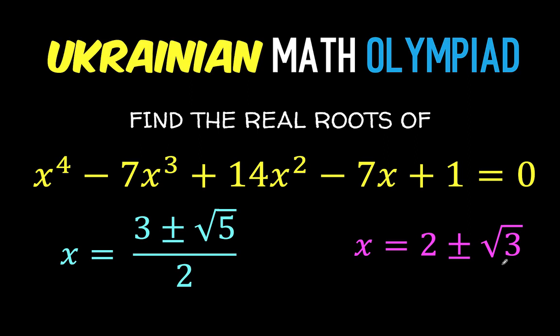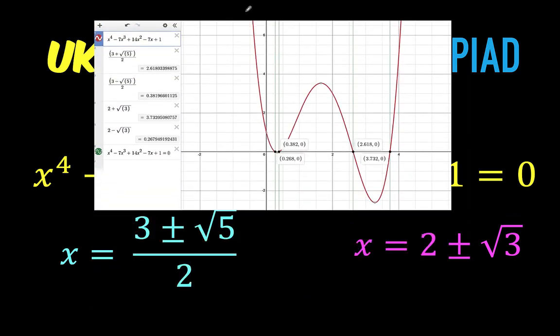And so going back to our visualization at the start, here is the graph of the given quartic polynomial. There are 4 intersections between the x-axis and the red curve, and those 4 intersections correspond to the 4 roots of these equations, namely 3 plus the square root of 5 over 2, which is approximately 2.618, which is this point here.